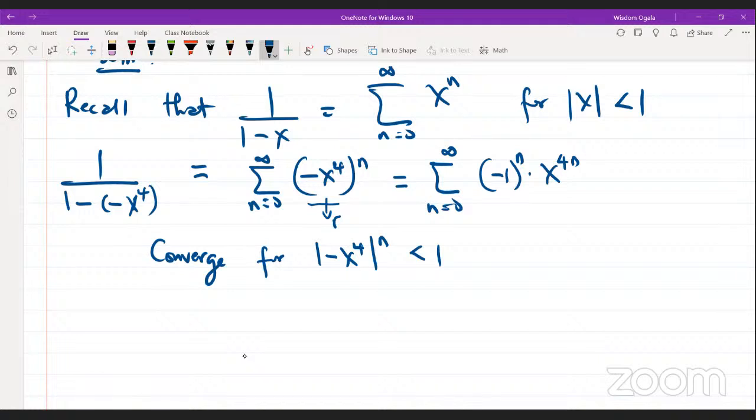But remember, when you take the absolute value of a negative number, it gives you a positive, so that means this is less than 1. If this is less than 1, what does it mean? It means the absolute value of x is less than 1. How did I get that? Just take the fourth root of both sides.